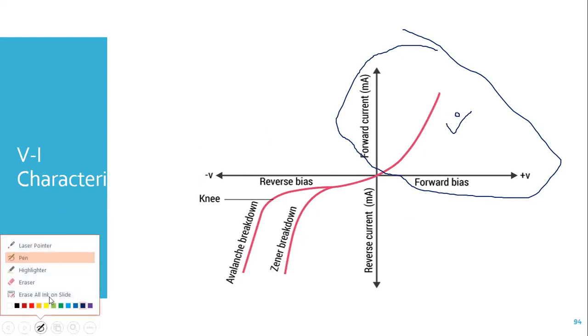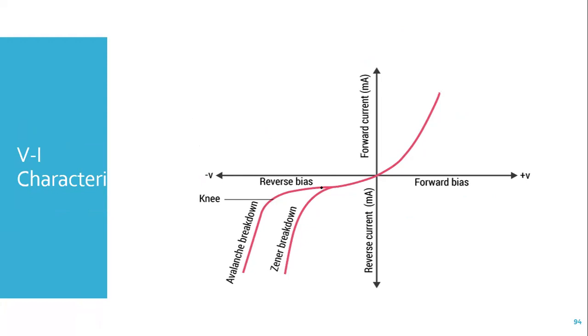But in the case of reverse bias operation, you can see some leakage current flowing, and then at some particular voltage, that is Vz, you can see that after Vz the current increases more. But if you still increase the voltage more and more, then avalanche breakdown takes place. At this particular voltage you can see the current is high and your diode is going to be damaged. So this is the VI characteristic of a Zener diode.